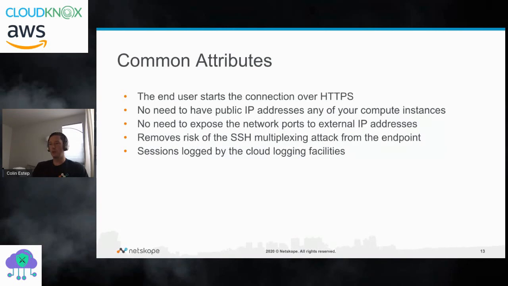In an ideal world, you're not going to need to have public IP addresses assigned to your sensitive workloads in order to gain access to them. But again, if you're running your own Bastion host, you have to take care of all that plumbing. You have to make sure that it can communicate. The third point, again, has to do with network exposure. You're not exposing these network ports to external routable IP addresses.